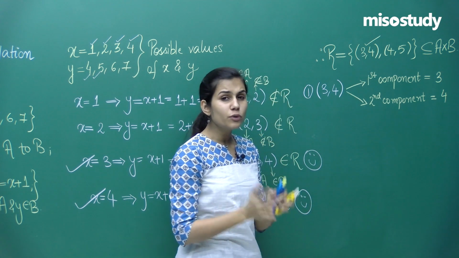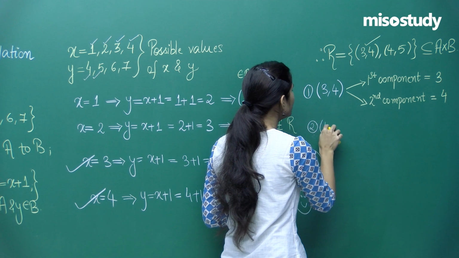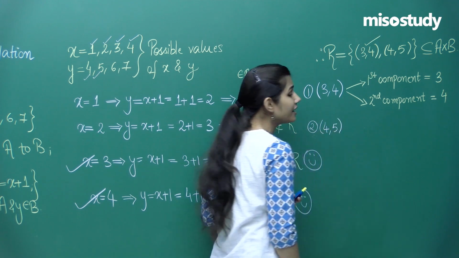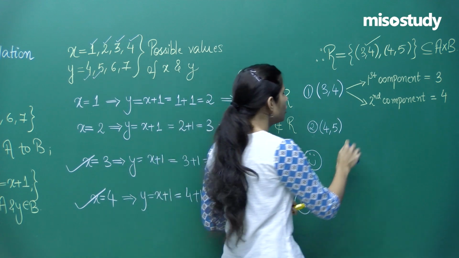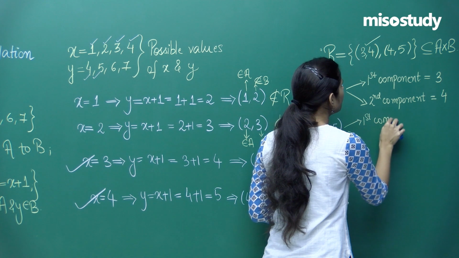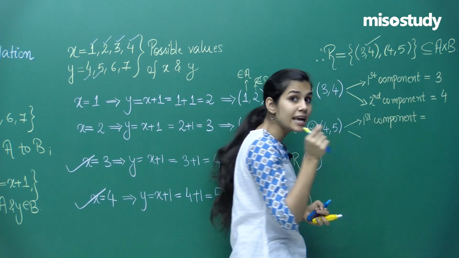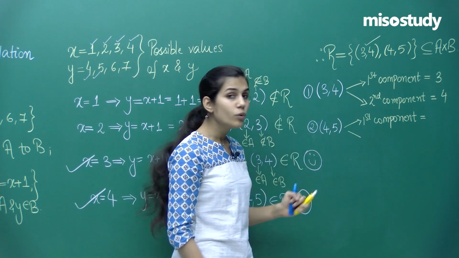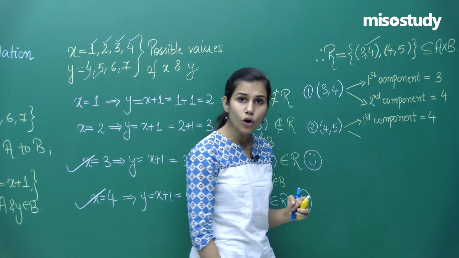We are just left with one more member of set R. The second ordered pair which is sitting inside R is (4, 5). Let us study that as well. Well, the first component of the ordered pair (4, 5) comes from the first element of that ordered pair, which is 4 over here. And therefore, the first component over here is 4.